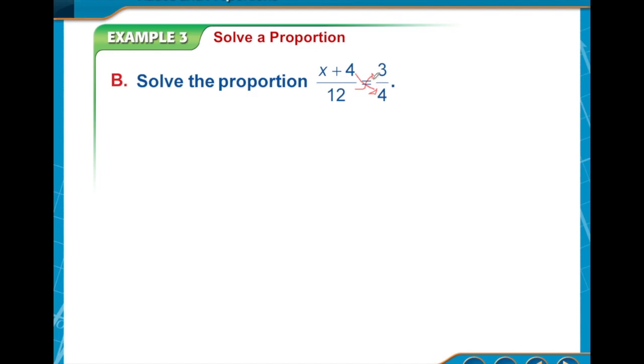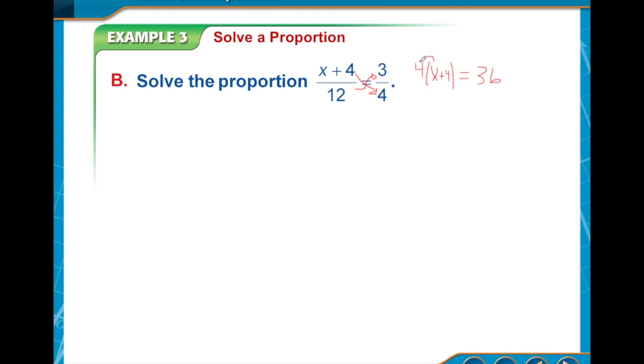So what we should get here is 4 times the quantity, x plus 4, is equal to the other cross product, 12 times 3. I know that's 36. So this is the expression we get when we cross multiply. From here, all we would have to do is simplify.